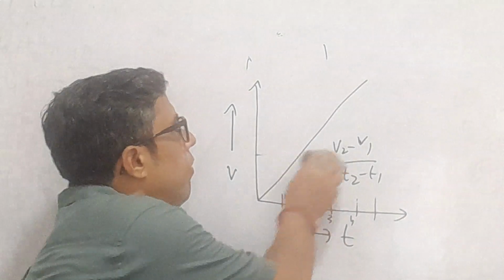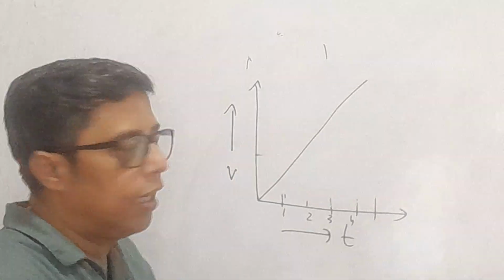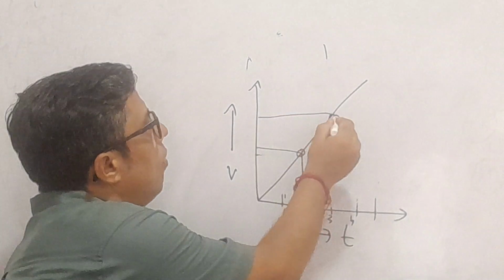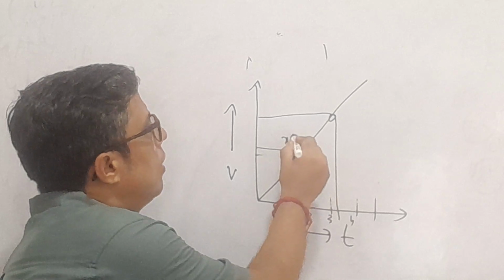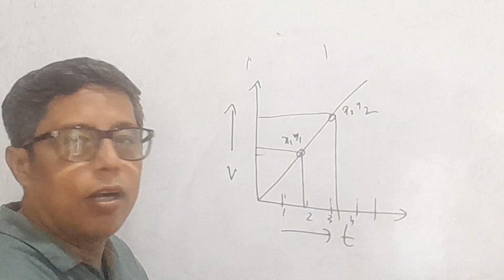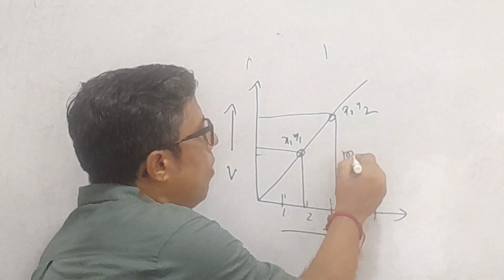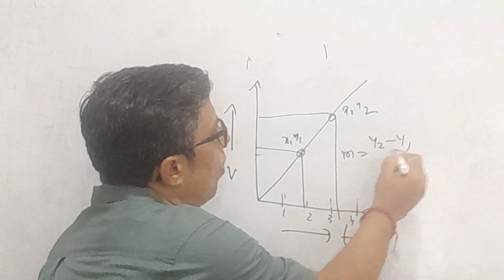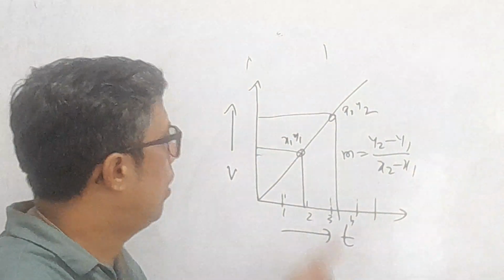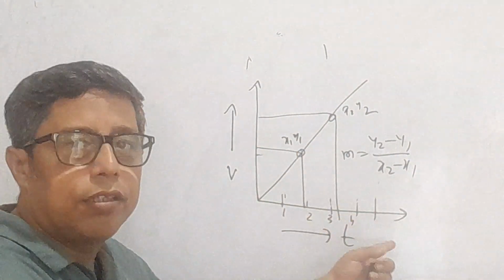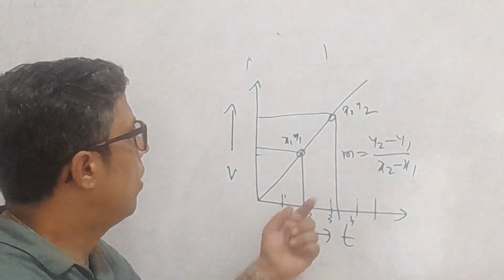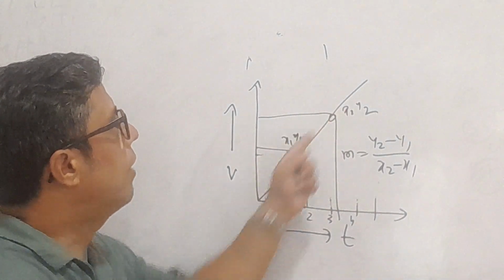Take two coordinate points, x1 y1 and x2 y2. Slope m is equal to y2 minus y1 by x2 minus x1. This way you can calculate the slope, and this value is the acceleration. So this is an accelerating graph.